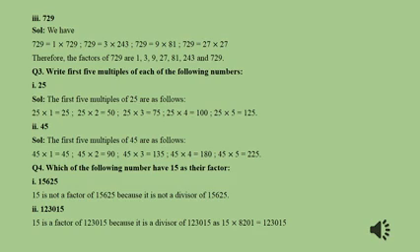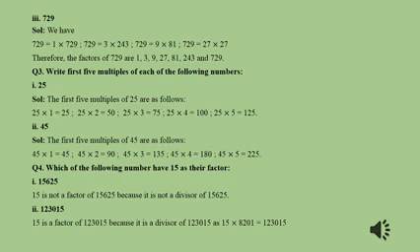Now, other than these numbers, that is 1, 3, 9, 27, 81, 243 and 729, there is no such number which divides 729 exactly. So the factors of 729 are 1, 3, 9, 27, 81, 243 and 729.